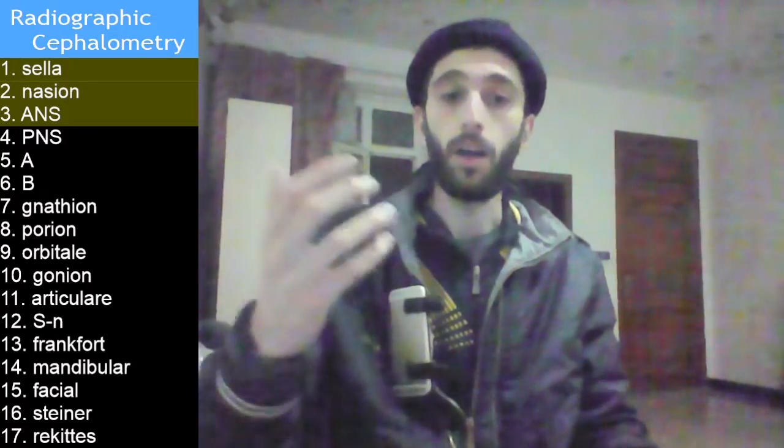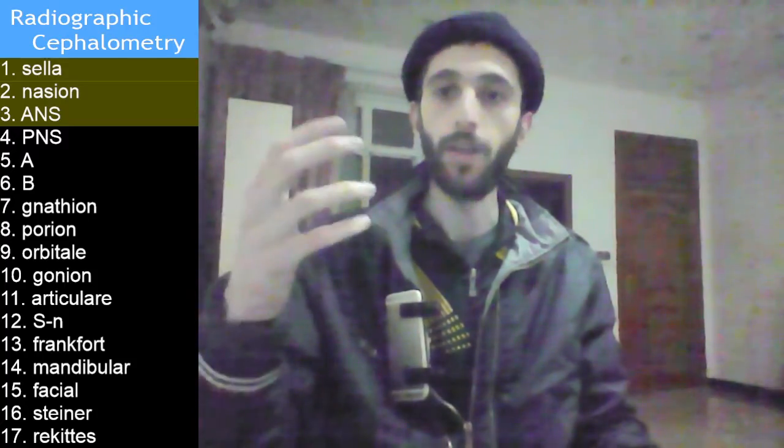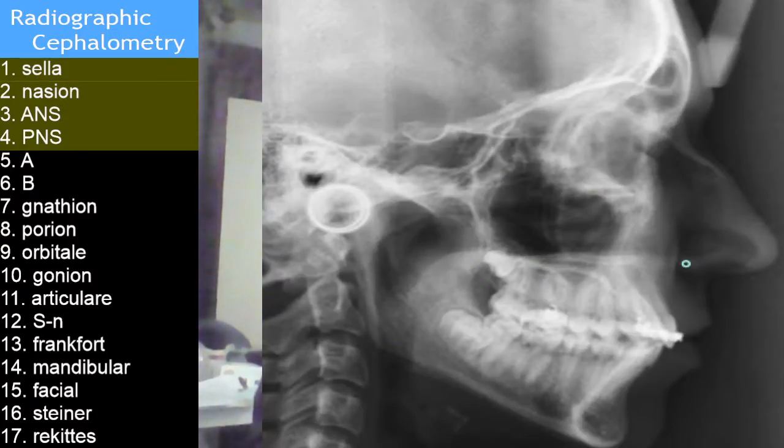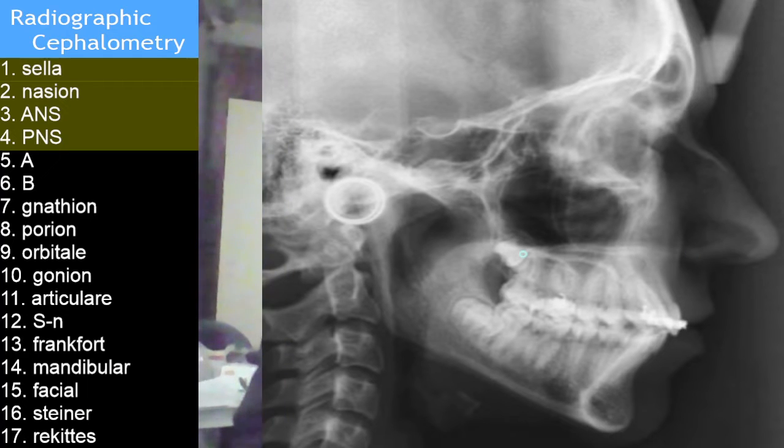Now, after we have given some definitions for the sella, the nasion and the anterior nasal spine, let's read something about the posterior nasal spine. I will read the definition.